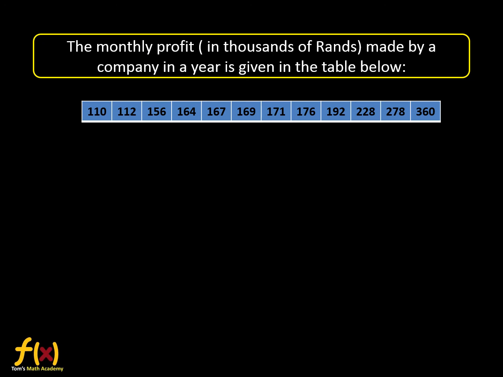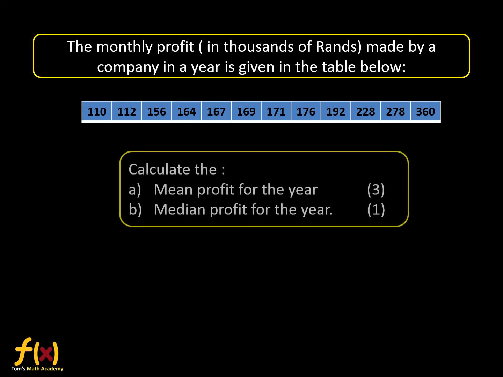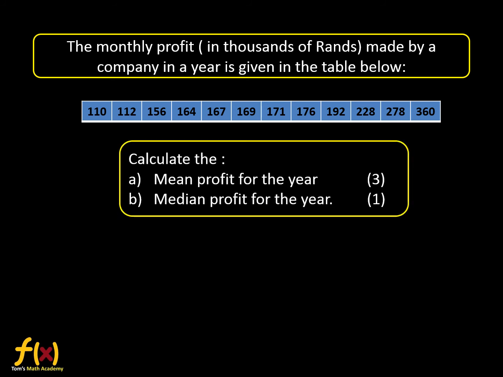The monthly profit in thousands of rands made by a company in a year is given in the table below. We are given the monthly profits in thousands of rands. So 110,000, 112,000 like that. Calculate the mean profit. It's also important for you. Mean, we need it.